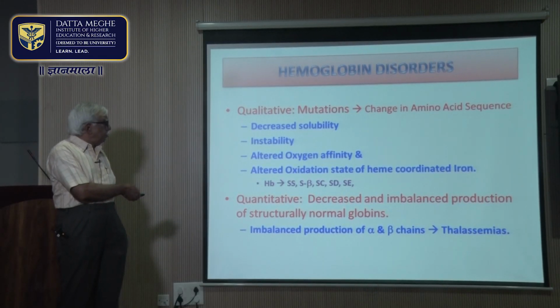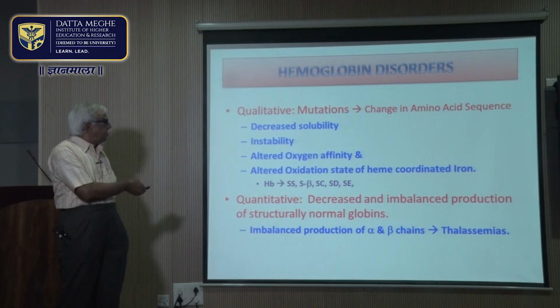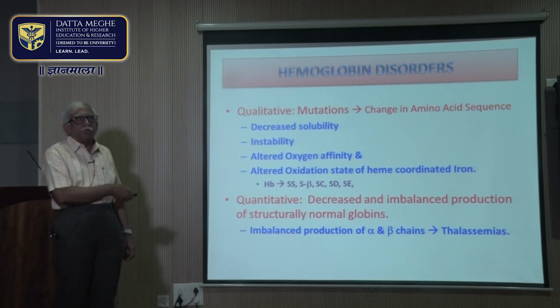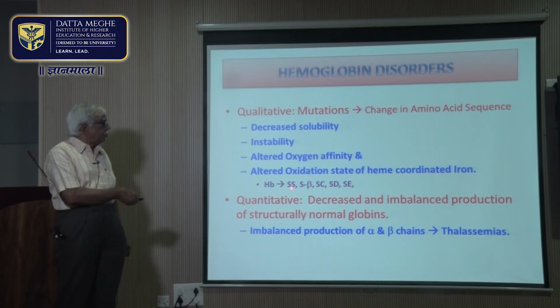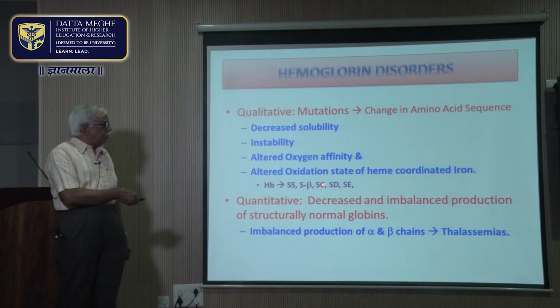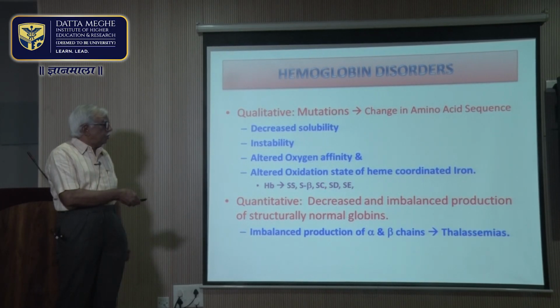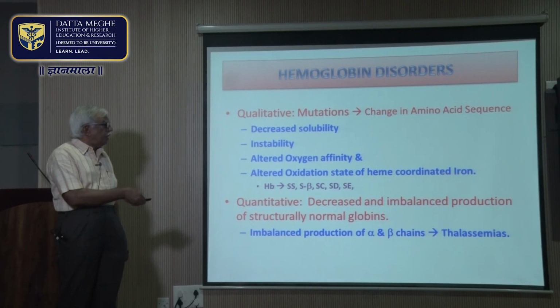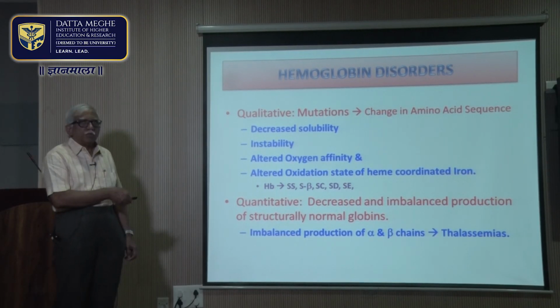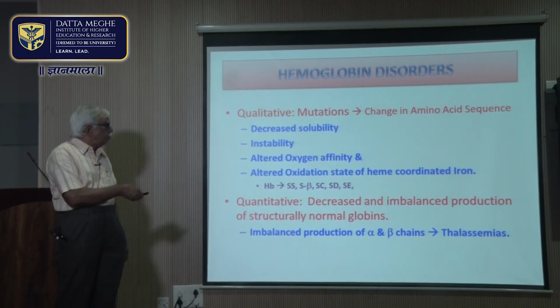Now, the severity of these different types of qualitative disorders, collectively called hemoglobinopathies: sickle cell SS pattern, sickle beta thalassemia, sickle cell and hemoglobin C, sickle hemoglobin and hemoglobin D, sickle hemoglobin and hemoglobin E, and different other types of hemoglobin. So, these are all different types of hemoglobinopathy.